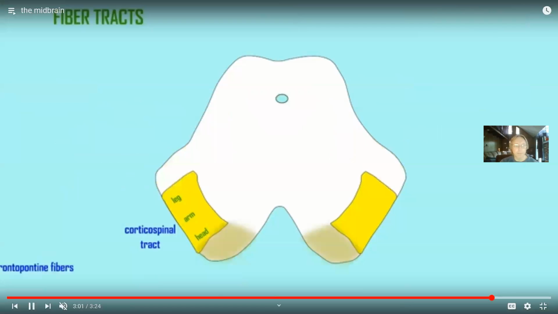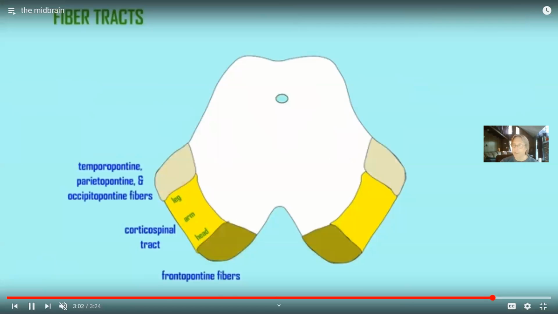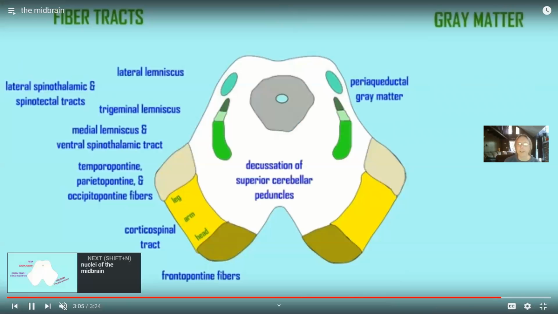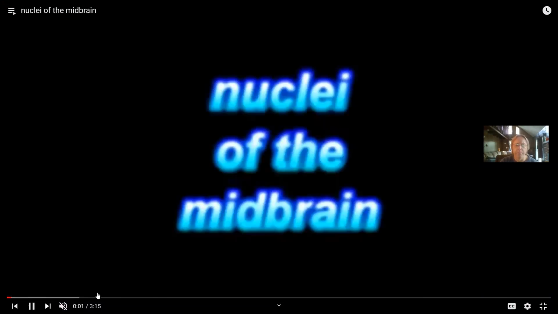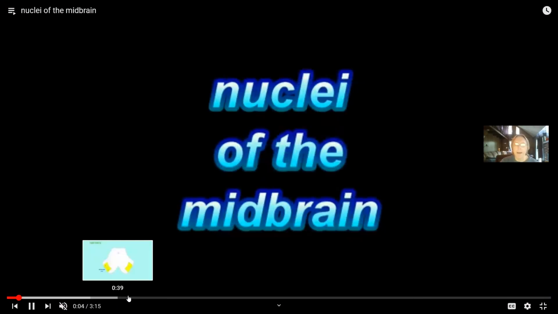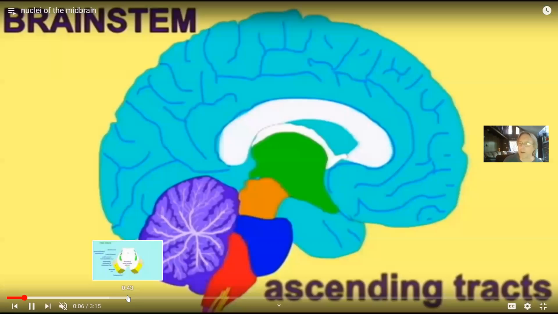And so the midbrain is the smallest section of the brain, but certainly a lot is going on there. And I pursue this in a little more depth. I have a video on the nuclei of the midbrain and one on the fibers. I'd like to just kind of summarize it.